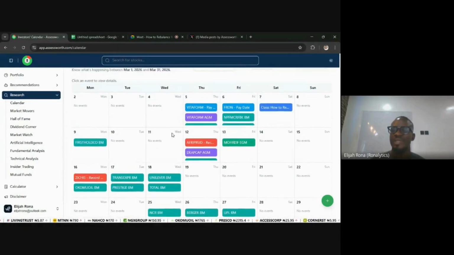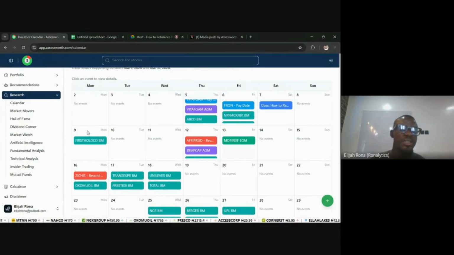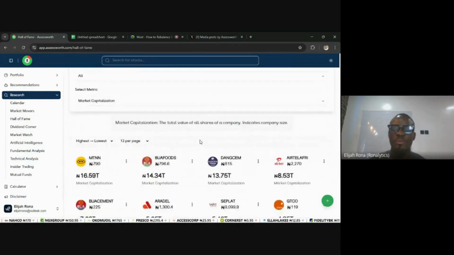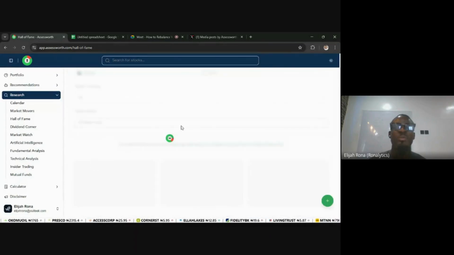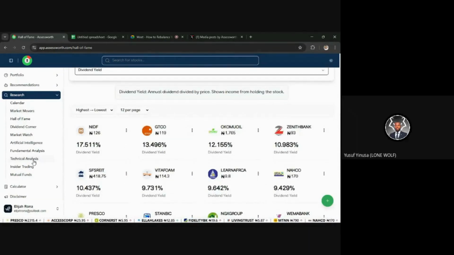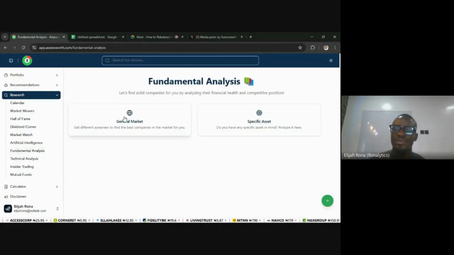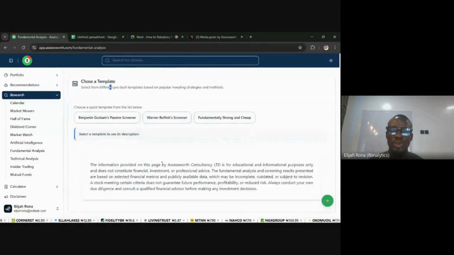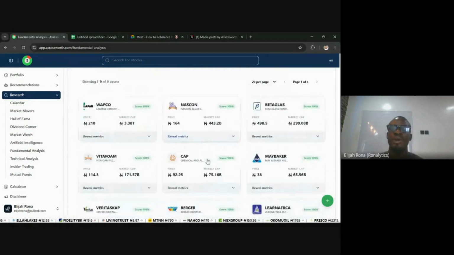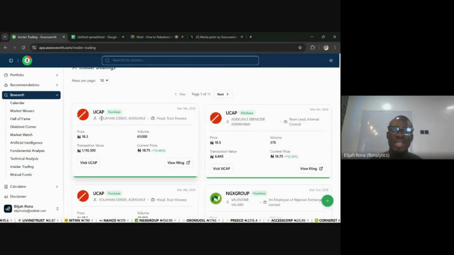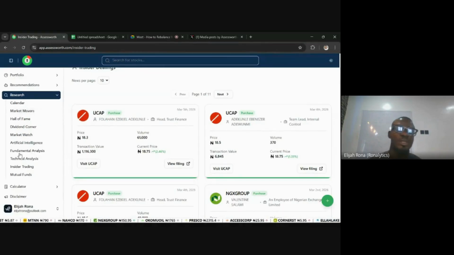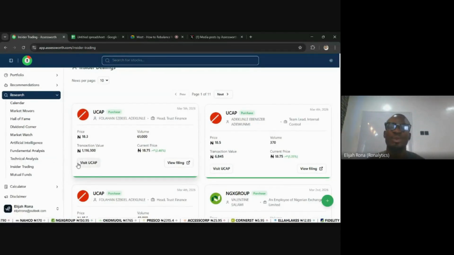Clicking on calendar, you see everything that is happening, who wants to pay dividends, etc. Clicking on Hall of Fame, you can rank all the companies by market cap, by dividend yield, or by whatever you want. Looking at fundamental analysis, you can screen to find the best companies. If you want to invest like Warren Buffett, you can see companies that match him. Clicking on insider trading, you will see the insiders that are buying or selling stocks in companies. So AccessWatch is simply a platform that can help you know what is happening in the market to make better investment decisions.